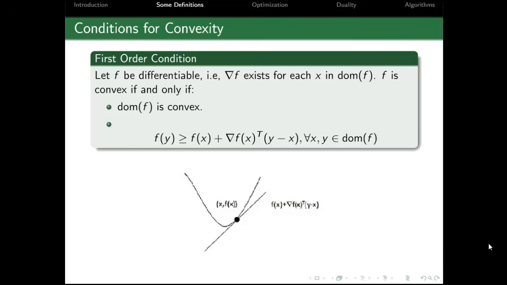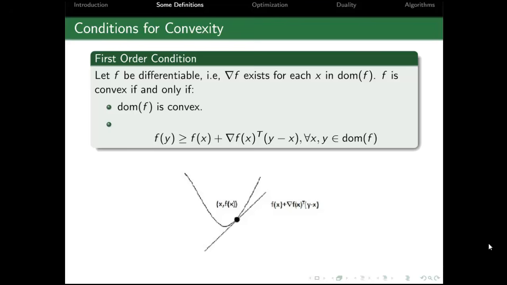Let us look at the first order conditions for convexity. Let f be a differentiable function, that is, grad f exists for all x in the domain of f. So a function f is convex if and only if the domain of f is convex and this inequality is satisfied.